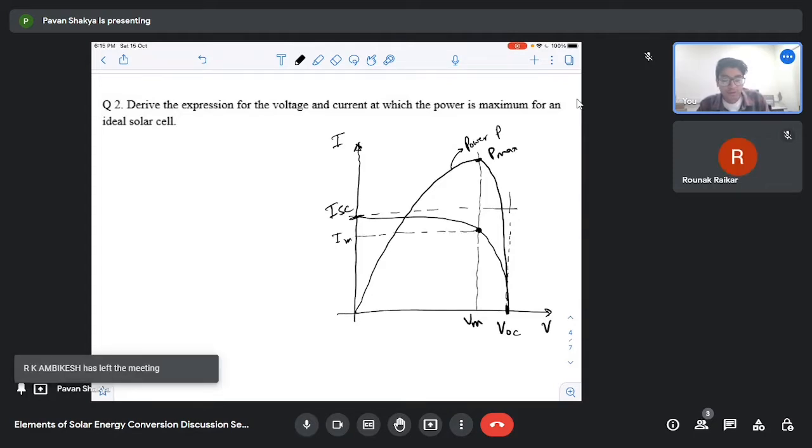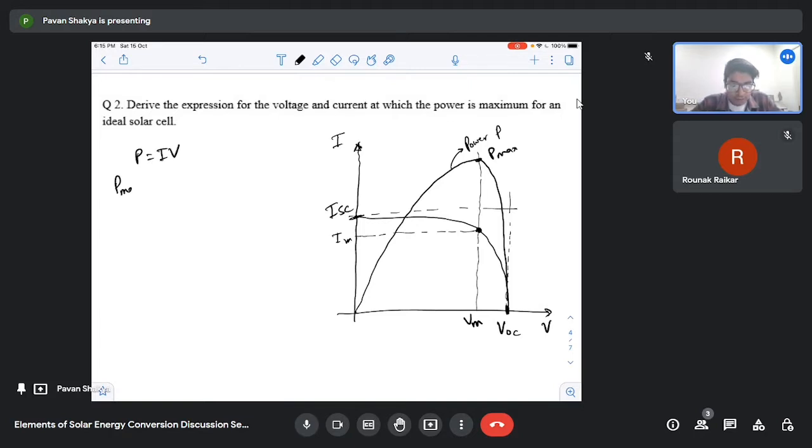Okay, so now we have to find the expression for this Vm and Im. The basic formula to calculate the power is P is equal to IV. Now if we are trying to maximize this, then we can write Pmax is Im multiplied by Vm.